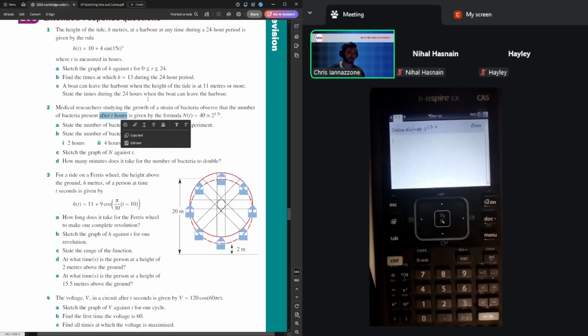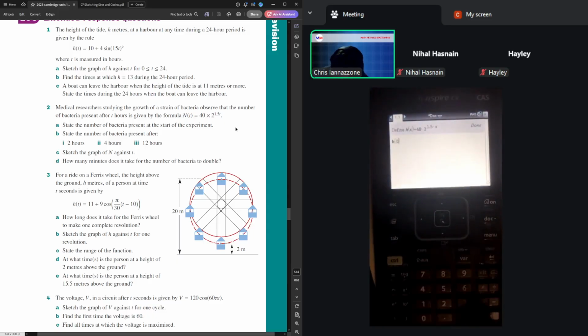Usually they would say t hours after the start of the experiment to be a bit more airtight with their wording, but it's a pretty safe bet if there's nothing that would really contradict that, t equals 0 is going to get you the start of any given scenario. So when all else fails, you can just put this in your CAS or even solve it tech-free, right?